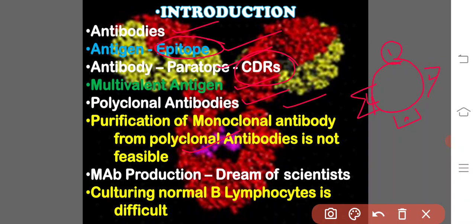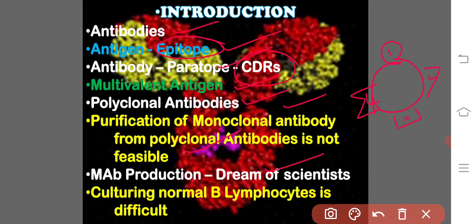Monoclonal antibodies are antibodies produced by a specific clone of lymphocytes that act against a single or specific epitope of a multivalent antigen. It was a dream of scientists to produce monoclonal antibodies for different antigens. Animals were immunized against a specific antigen.